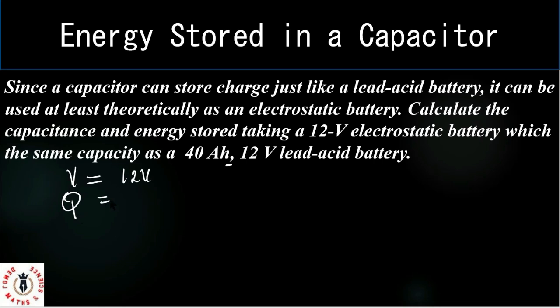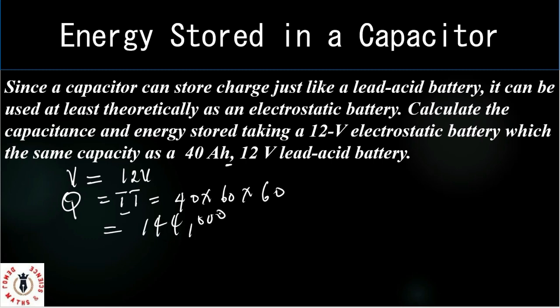My Q here will come from I times t, which will be 40 times 60 times 60, because we're talking in terms of 1 hour, converting to seconds. That will be 144,000.